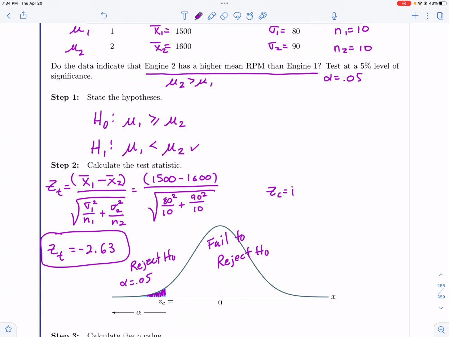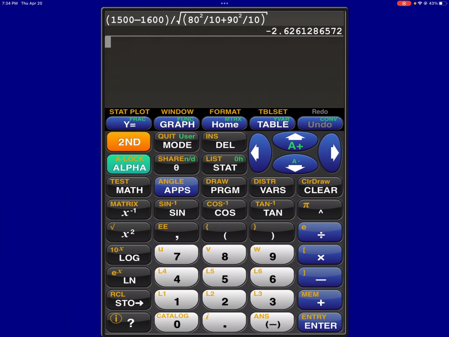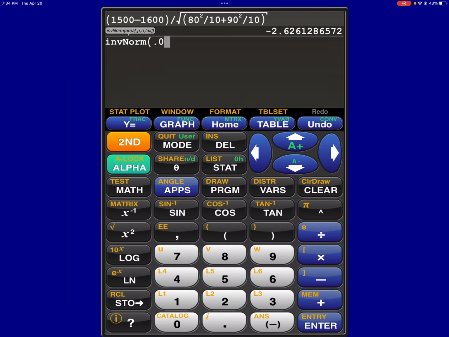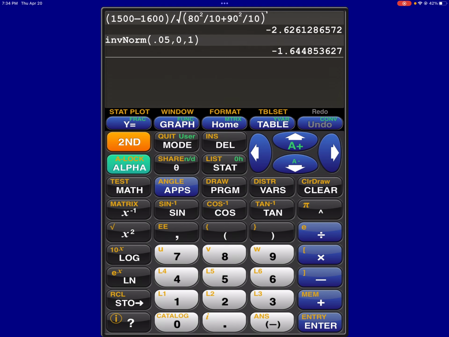So let's look at our Z comparison here. We're going to do inverse norm of our whole alpha, comma 0, comma 1. If we throw this in the calculator, inverse norm of 0.05, comma 0, comma 1, we end up with negative 1.64.